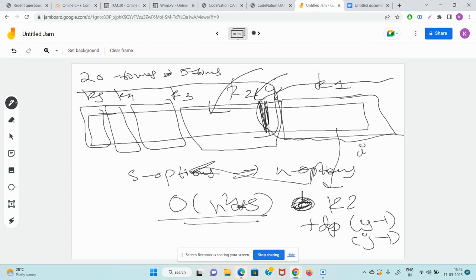Even if you take a number here, the answer will be the same: K2 plus dp of whichever index is here minus 1, j minus 1. But I am taking the last index because I want the dp to be as maximum as possible. If I give more space to the dp part, it will become maximum. No need to give more space for this because this remains the same.